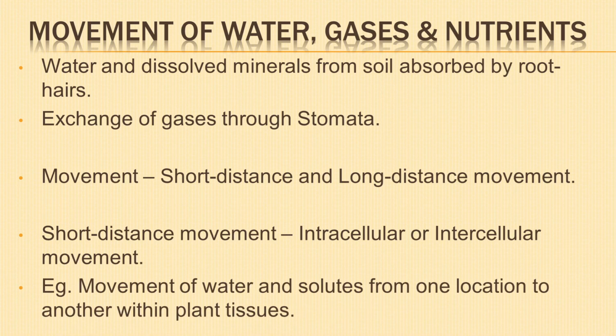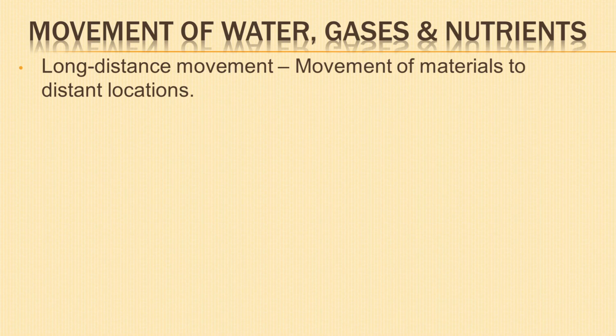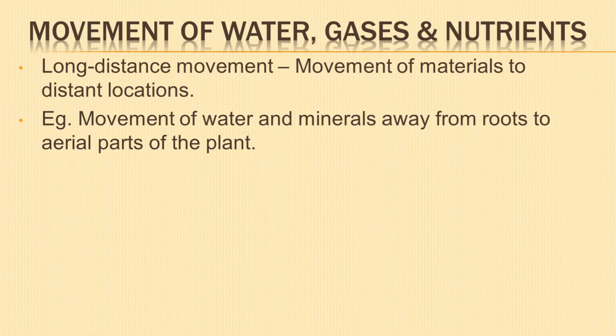Example of short distance movement is the movement of water and solutes from one location to another within plant tissues and organs. Long distance movement is the movement of materials from one part to another distant part of the plant. Example, movement of water and minerals away from the roots to the aerial parts of the plant.